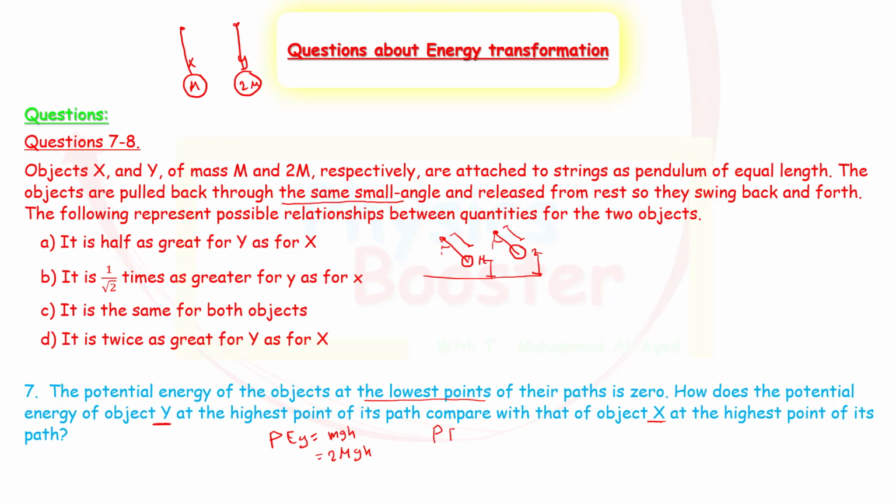The potential energy of object X is also mgh, and this time we will replace m with the same value, m multiplied by g multiplied by h. So this is the potential energy at X. Well, it's clear that the potential energy of Y is double the potential energy of X. So let's see our choices. We can see that D answers our question for question number 7. So the answer here is D, because the potential energy of Y is double the potential energy of X.